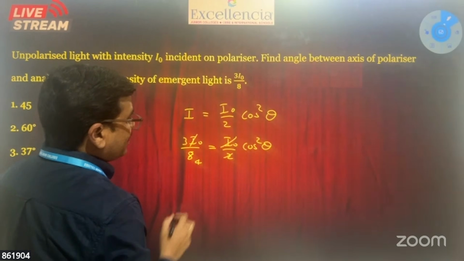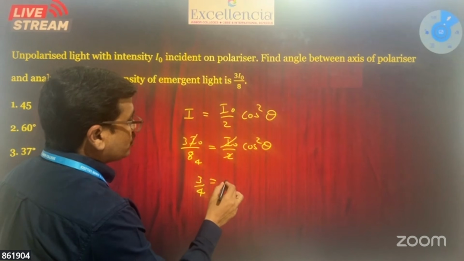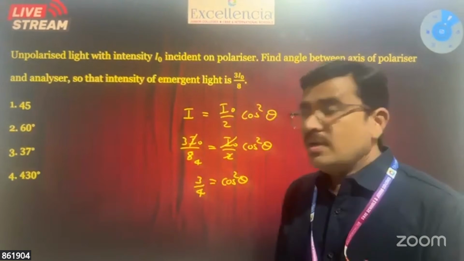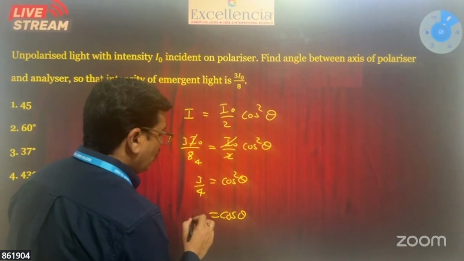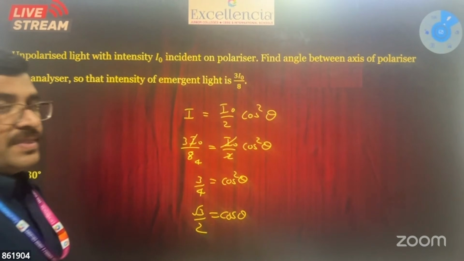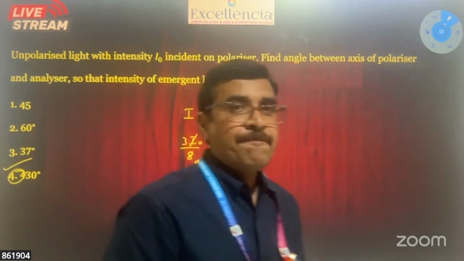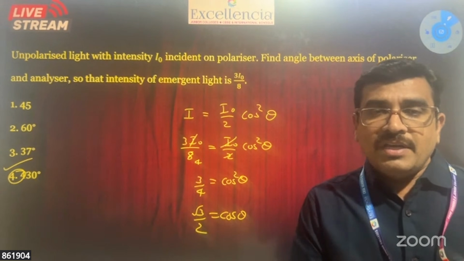So cos theta equals root 3 upon 2, therefore the correct answer will be 30 degrees. That is the fourth option, 30 degrees. This is regarding the question from wave optics.